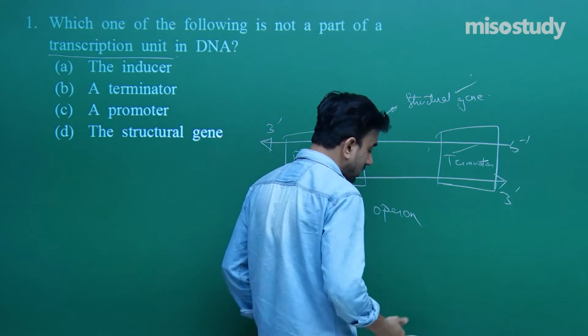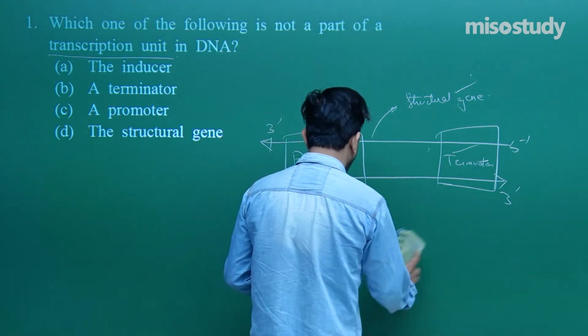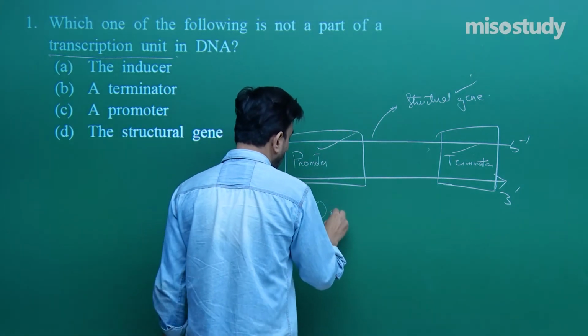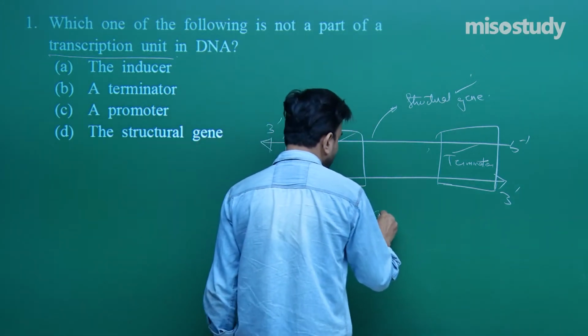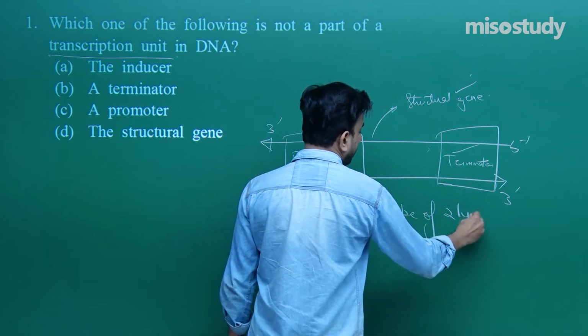Before this, we said that the operon can be of two types.